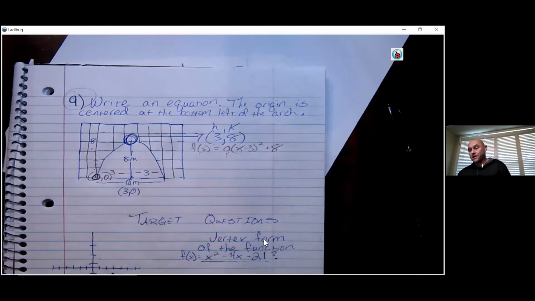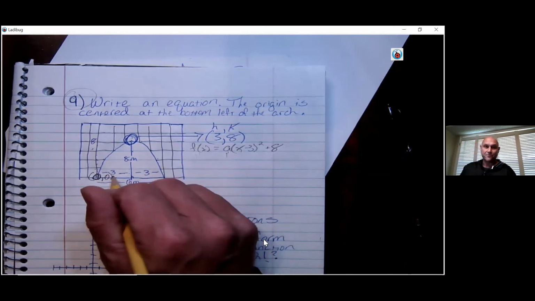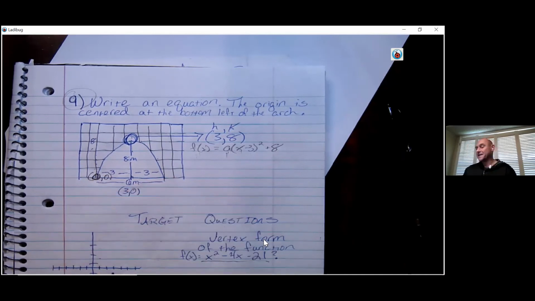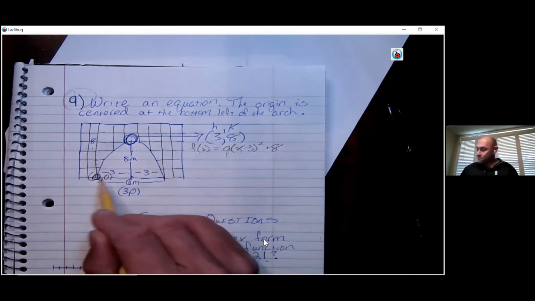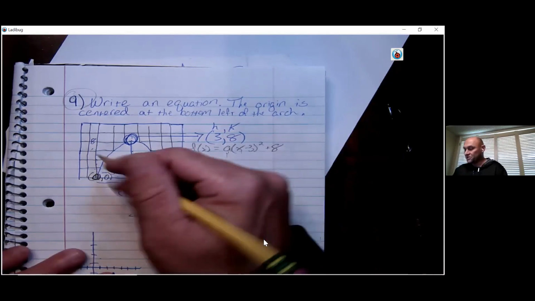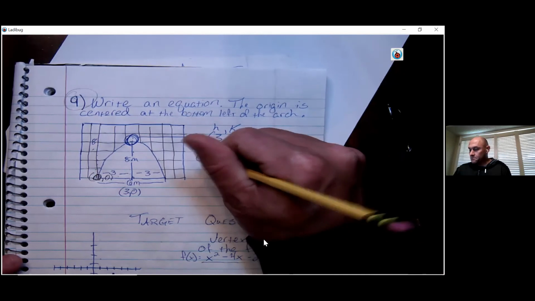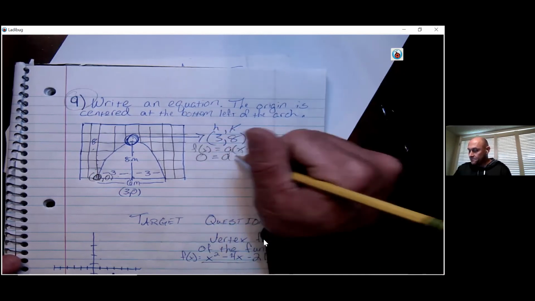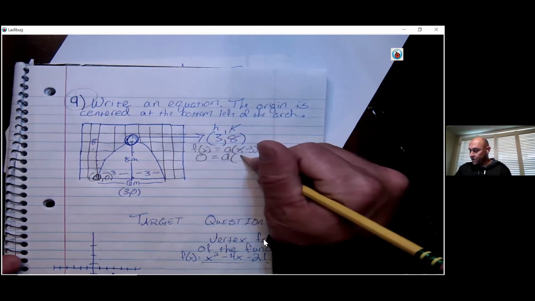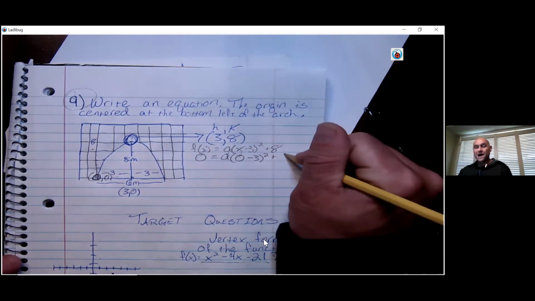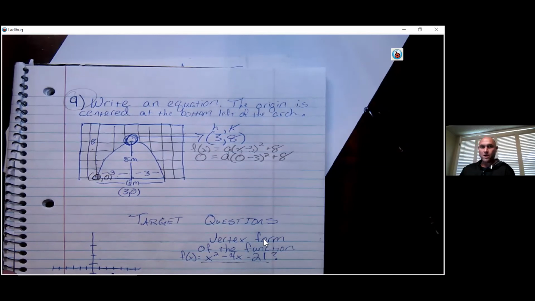Usually I try to find the easiest point to work with, which in this case is going to be 0, 0. Let's say 3, 0 might be easier, but I'm going to use 0, 0. So using 0, 0, I'm going to substitute 0 for y and 0 for x, and now I'm going to solve for a.